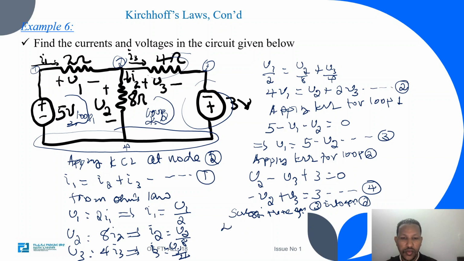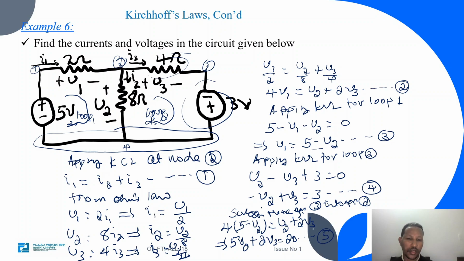That means you'll have 4 into, instead of V1, I can write this expression 5 minus V2, which is equal to V2 plus 2V3. So from this expression, I can write 5V2 plus 2V3, which is equal to 20. So this is equation 5.